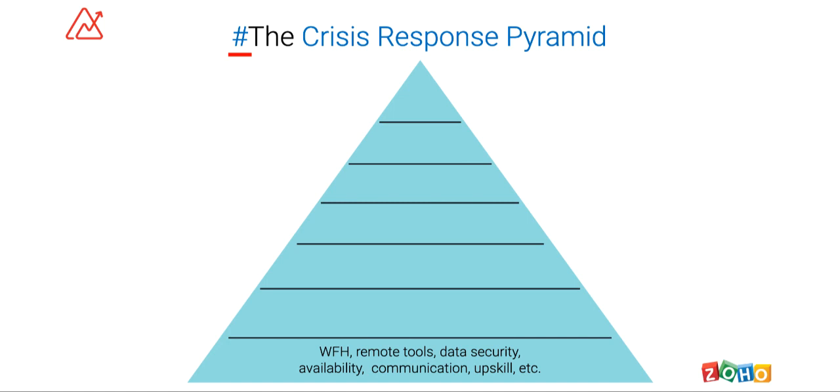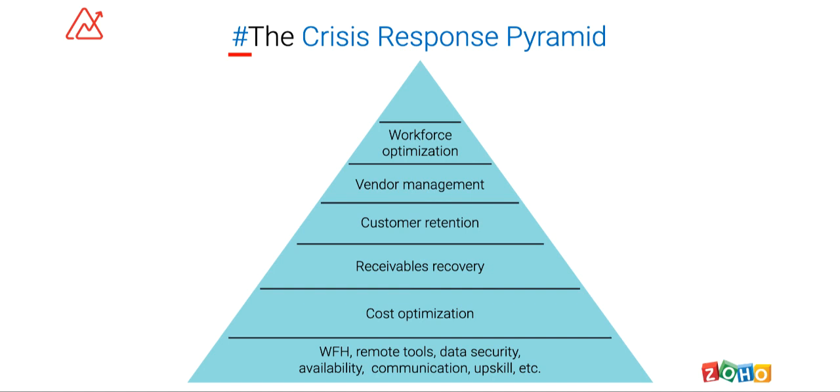Now, as we move up the crisis response pyramid, we have elements to meet the short-term and the mid-term objectives of BCP. So some of the critical elements are cost optimization, receivables recovery, customer retention, vendor management, workforce optimization.